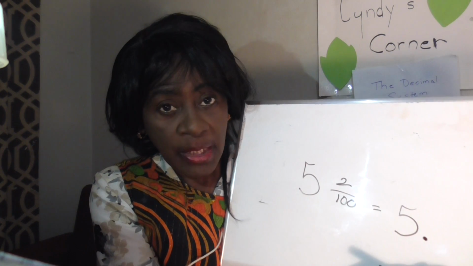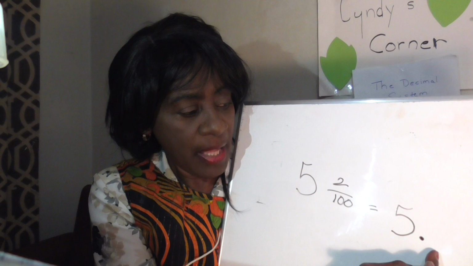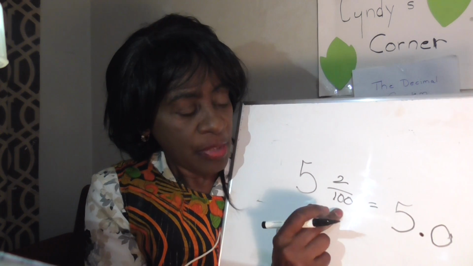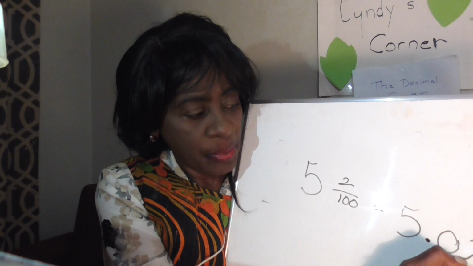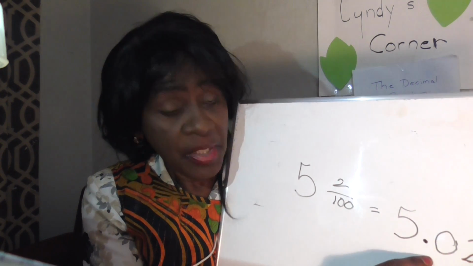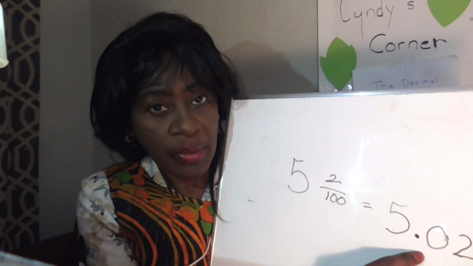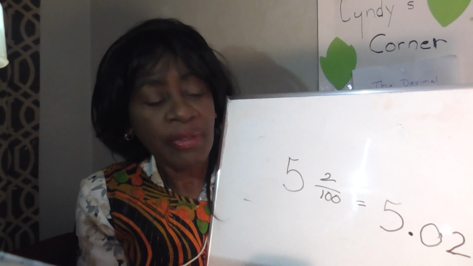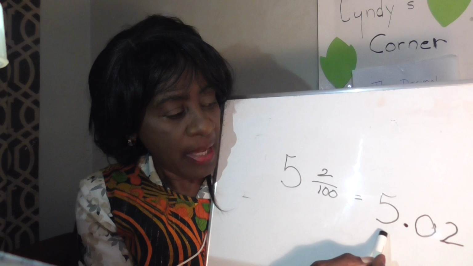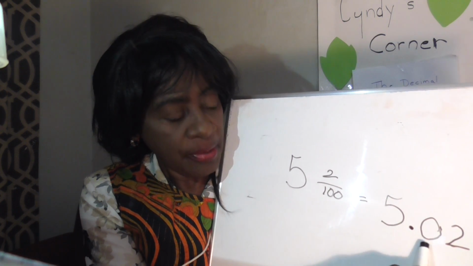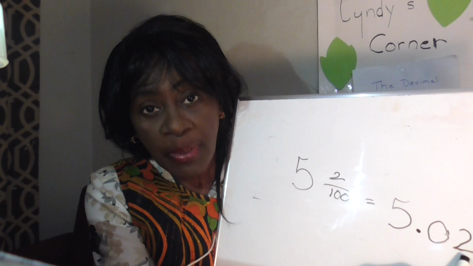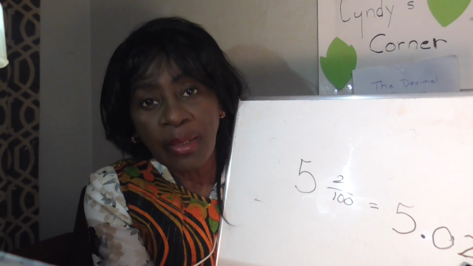Any number beyond here, we're going to think of the 10th value, which is none. And the 100th value is a 2. This is the way it's written in decimal form. Because we always have to remember, decimal form has 3 parts. We have the whole number, which is 5. There's no 10th here, but 2 100ths. So this 2 is placed in the 100 column.